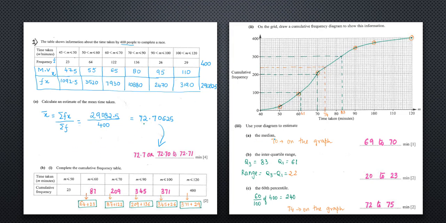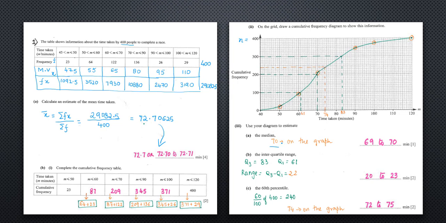Now we know that the median is the exact center part of the distribution. Since the total number of values is 400, exact half of that would be 200. So on the y-axis, we locate the 200 and draw this line perpendicular to the curve and find the point which corresponds to the curve on the x-axis, which in this case comes out to be equal to 70.